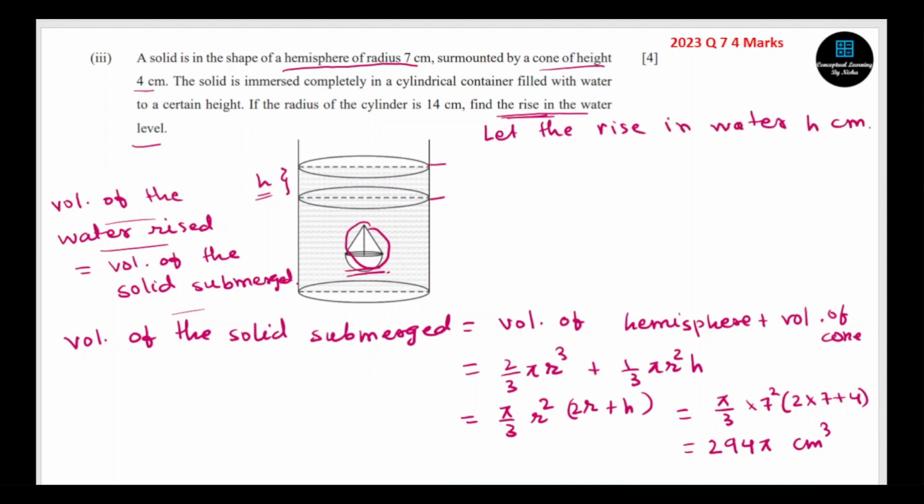So the volume of water raised equals 294 centimeter cube, and this is nothing but the volume of cylinder, which is pi r square h, and that is equal to, I forgot to write pi, so it is 294 pi.